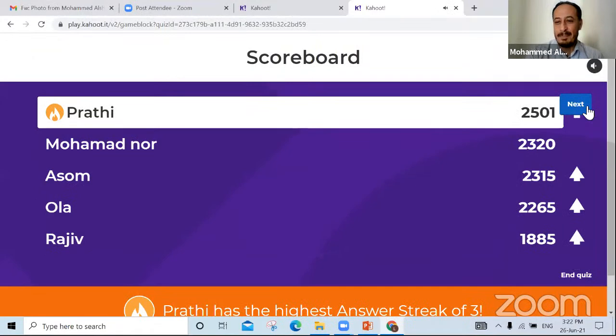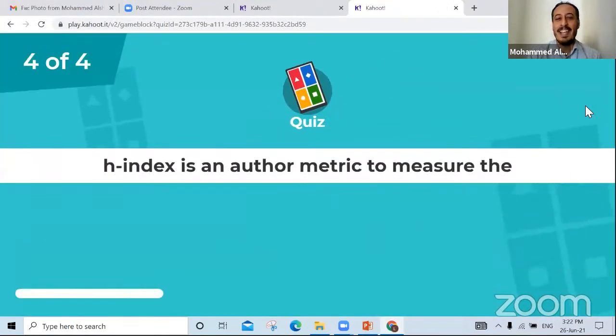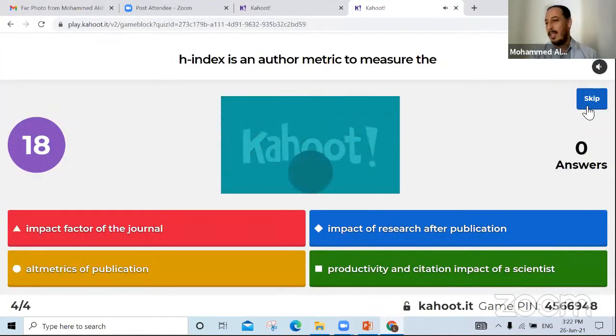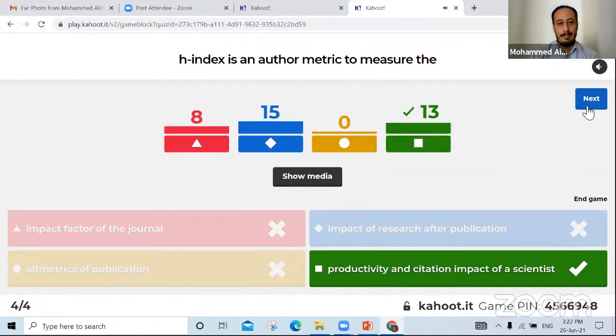Now Prathya, she's the first runner. Next question, number 4. This is the last one, H index. Okay, not bad.